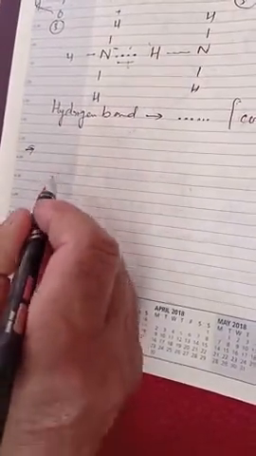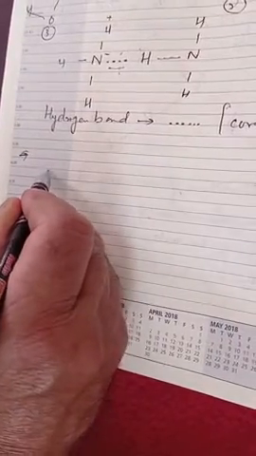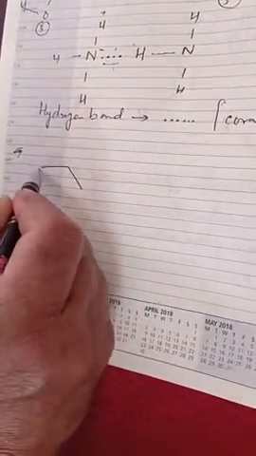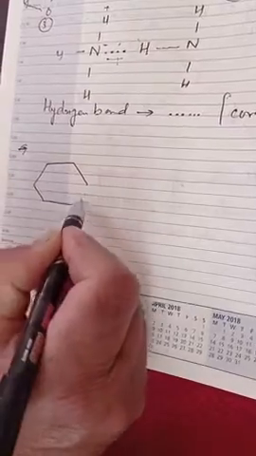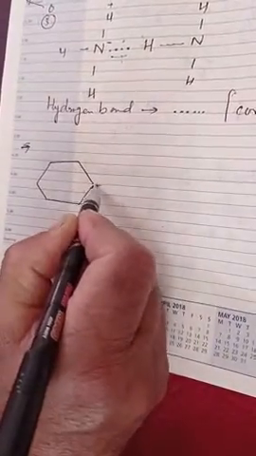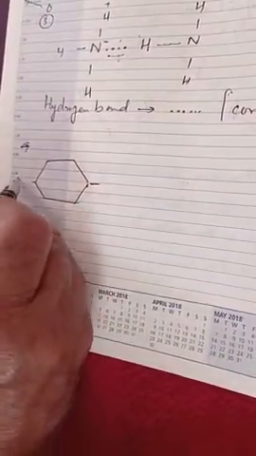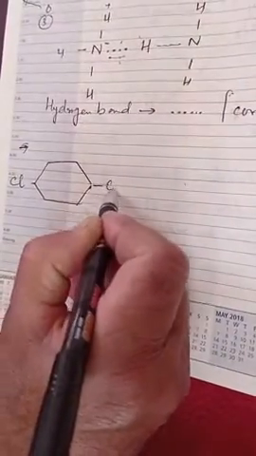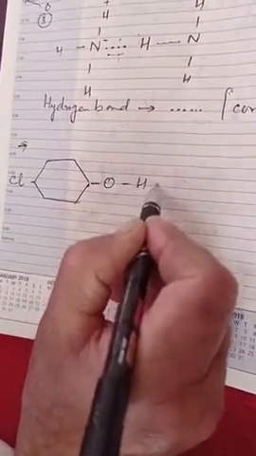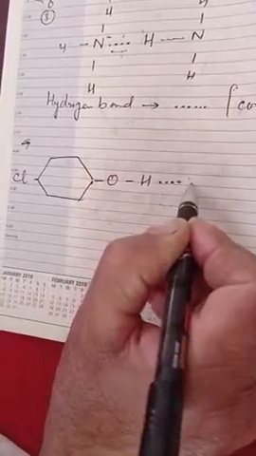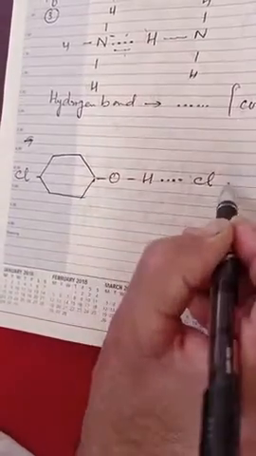Now we will see the conditions, I will explain. First I will show another example. Hydrogen bonding exists in another molecule, if we take the case of orthochlorophenol. Here the hydrogen bond exists between chlorine and hydrogen.